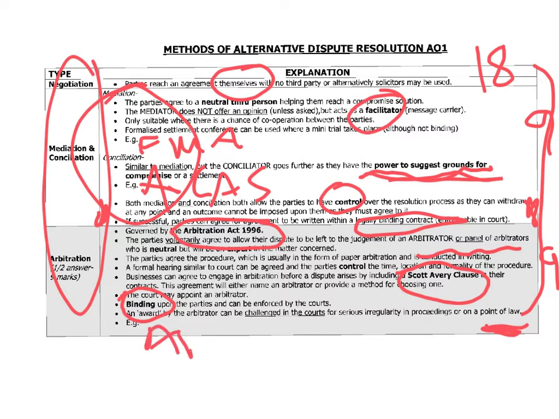Your example, I always use ABTA, so Association of British Travel Agents. So if you're booking package holidays, it'll be ATOL protected, ABTA protected. All that's meaning is if you're not happy with the holiday, you complain to Thomas Cook, they don't offer you compensation, you can go through arbitration, through ABTA, and they will obviously help you then come to a compromise.